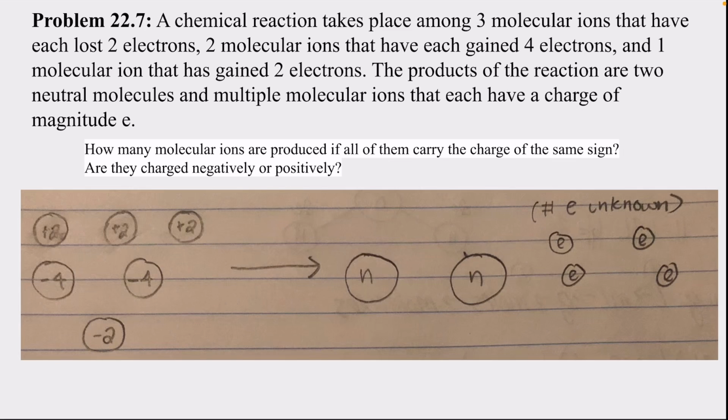And then finally you have the 1 molecular ion that has gained 2 electrons. Same case as those with negative 4, just that in that case only 2 electrons were gained.